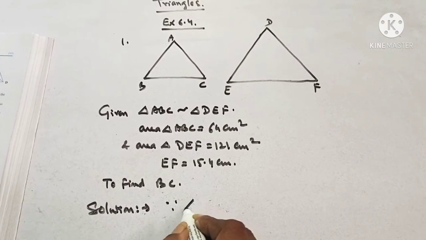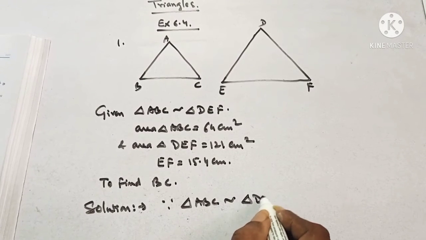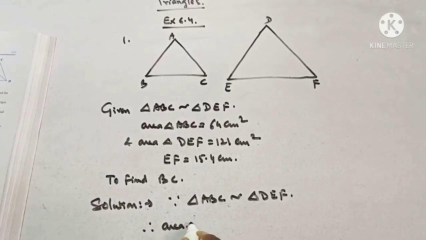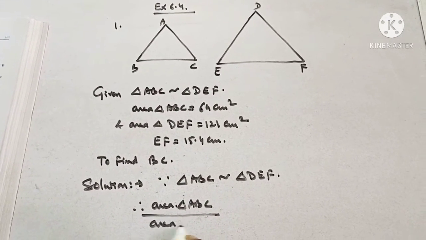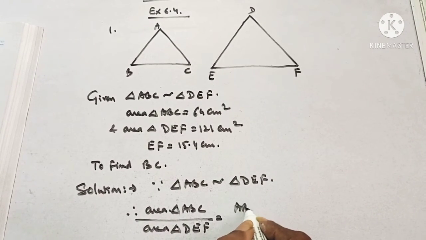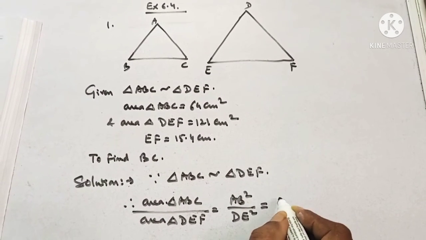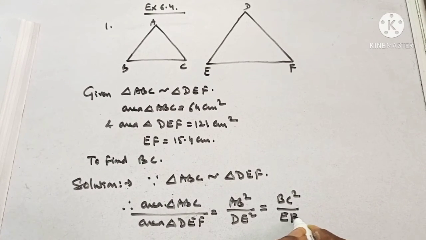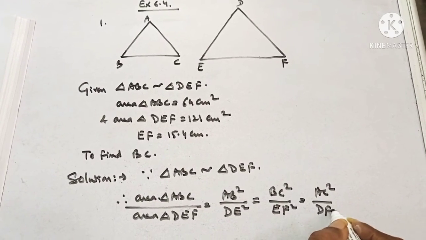since triangle ABC is similar triangle DEF, therefore area triangle ABC by area triangle DEF will be equal to AB square by DE square is equal to BC square by EF square is equal to AC square by DF square.